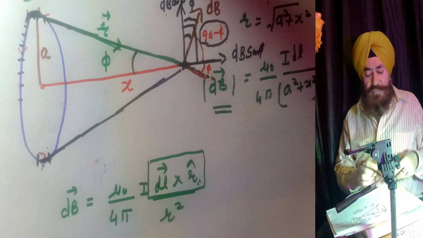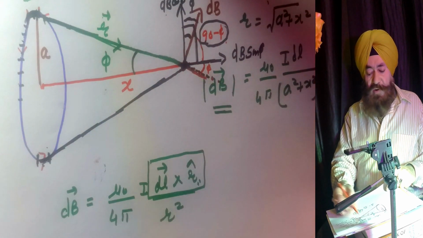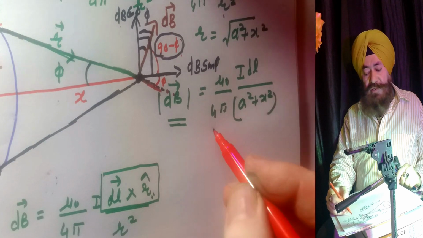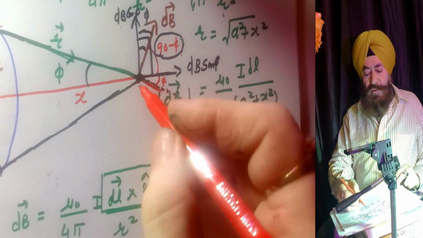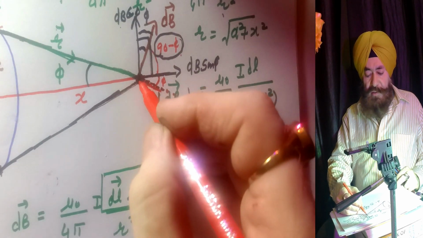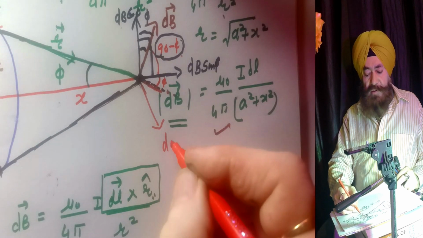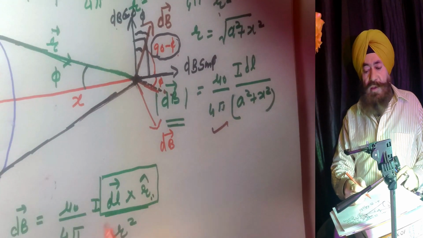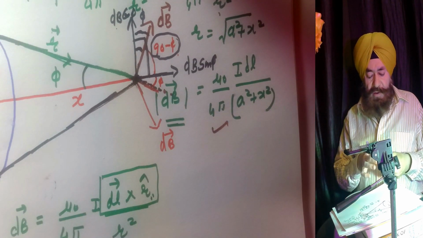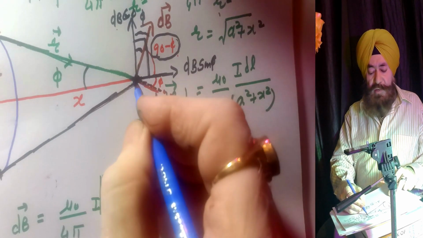Then the magnitude of the magnetic field will be the same, this value. But the direction will be perpendicular to this line. Like this, dB. Again, I will resolve this dB into components. And what are those components?